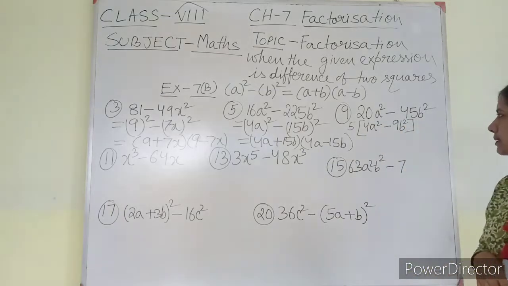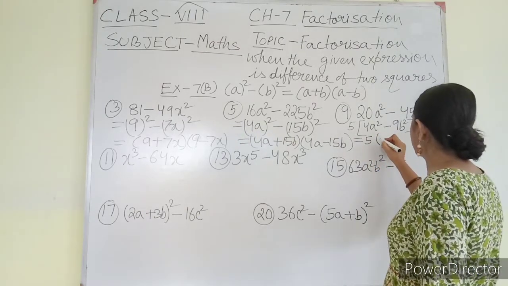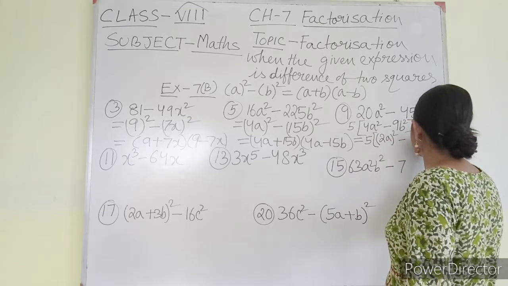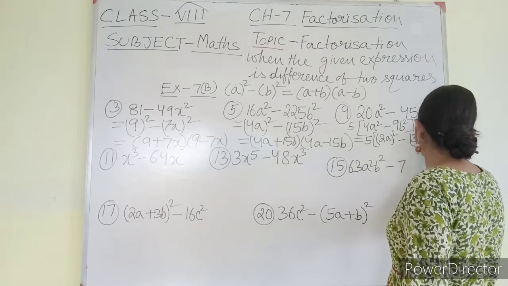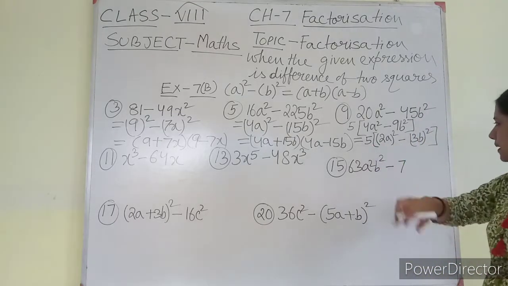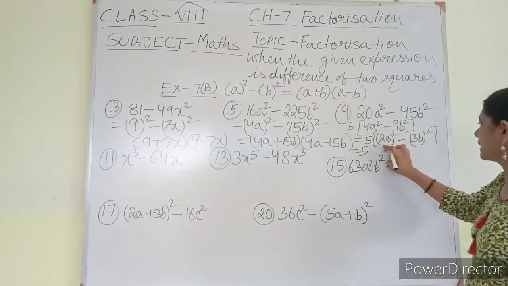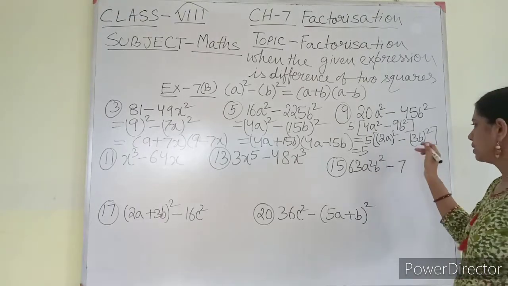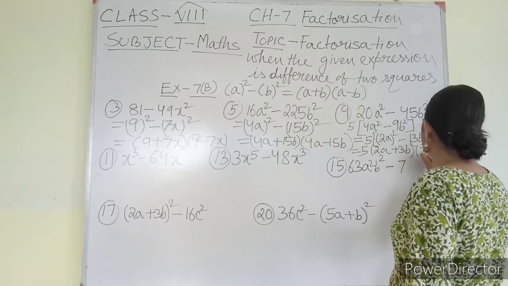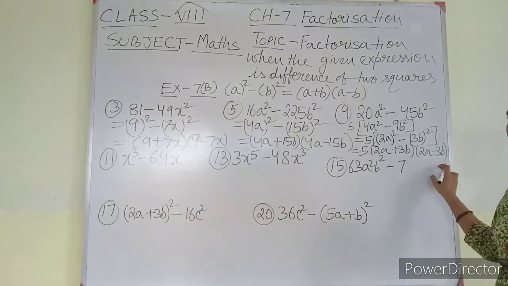Again this can be written in this form: 5 into 2a whole square minus 3b whole square. Now 5 is common, so 5 will remain as it is, and this is in the a square minus b square form. So (2a plus 3b) and (2a minus 3b). This is the way I can find the answer.